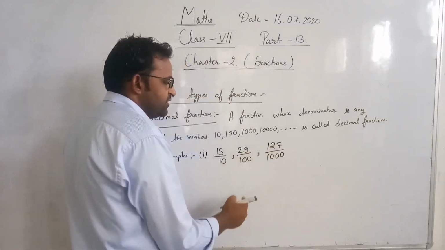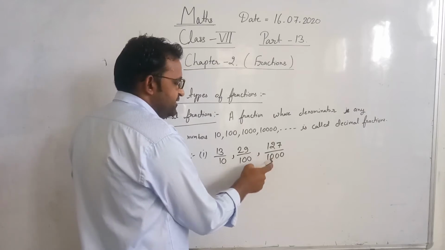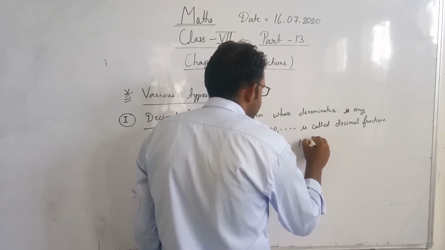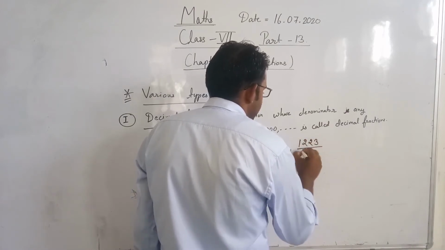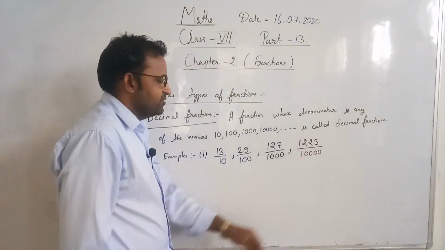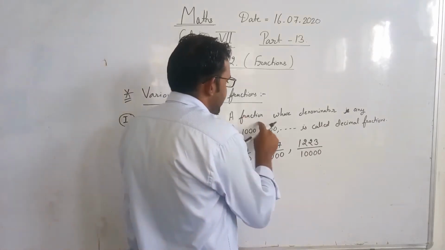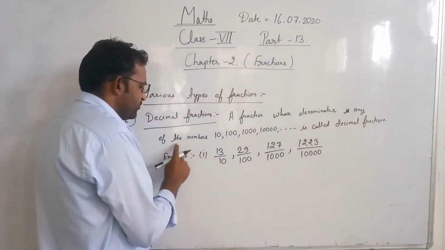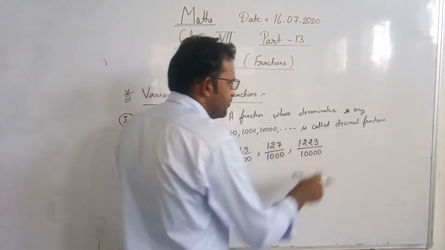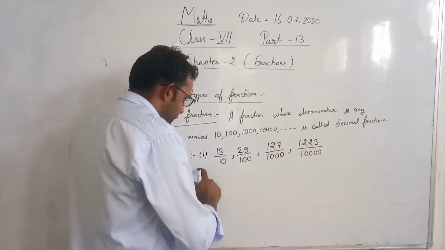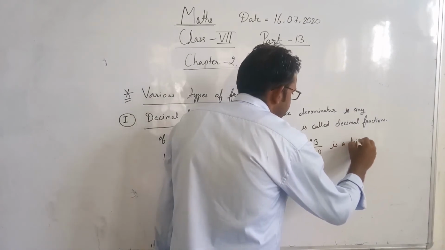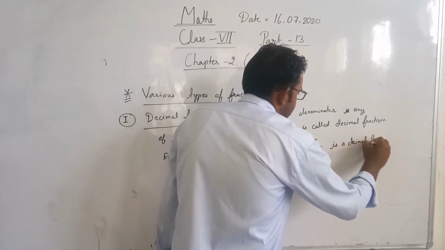So 127 upon 1000, again the denominator is 1000. Next, upon 10,000, again the denominator is 10,000. So a fraction whose denominator is any of the numbers 10, 100, 1000, 10,000 is called a decimal fraction. And all examples are decimal fractions.